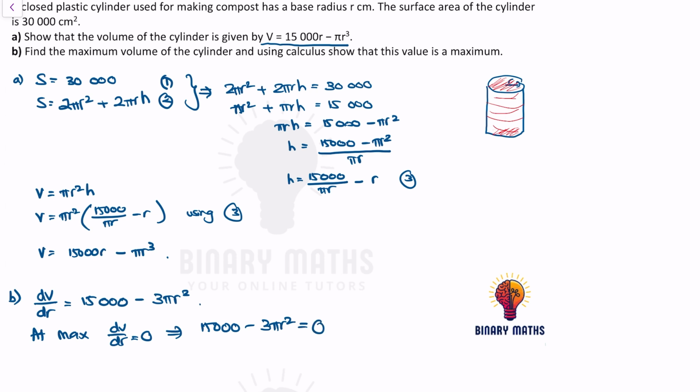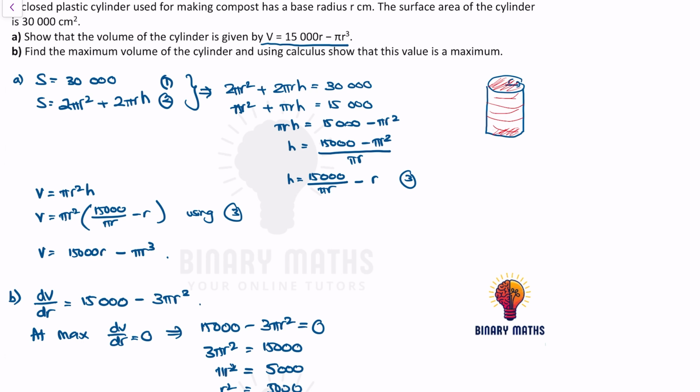Which means 3 pi r squared is equal to 15,000. If I divide by 3, I get pi r squared is equal to 5,000. r squared is equal to 5,000 over pi. r is equal to the square root of 5,000 over pi.